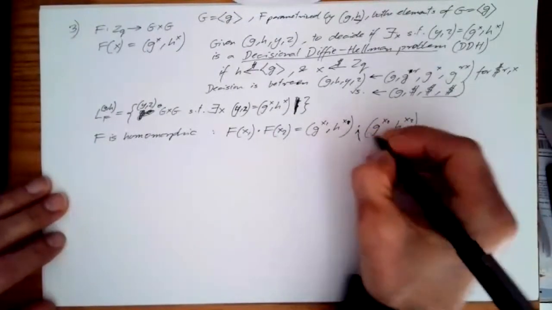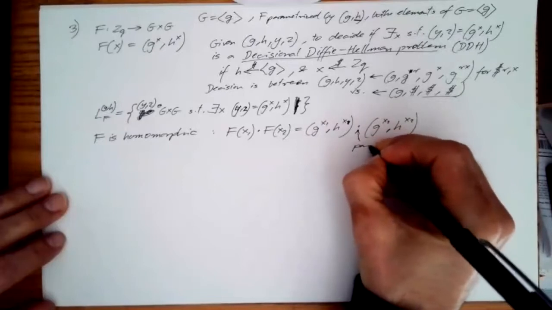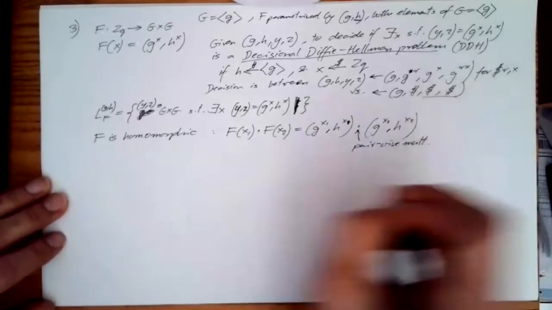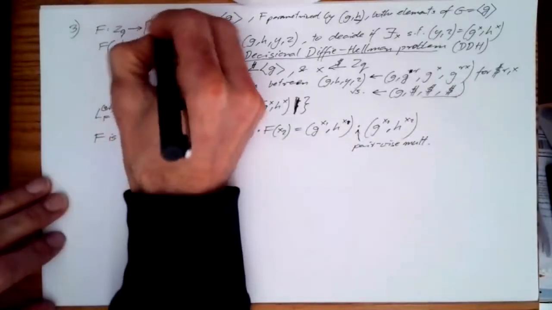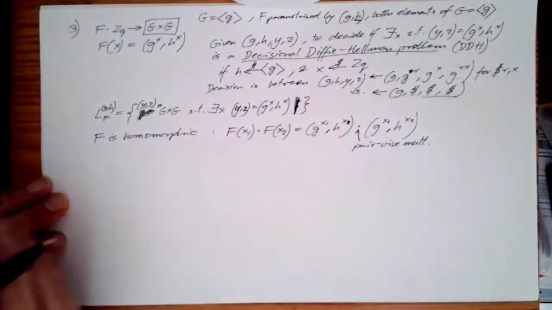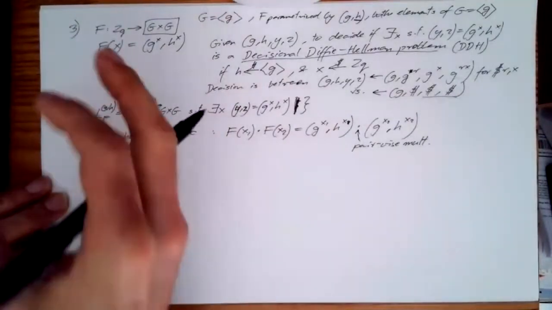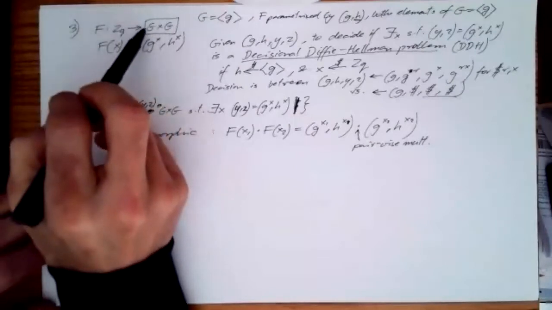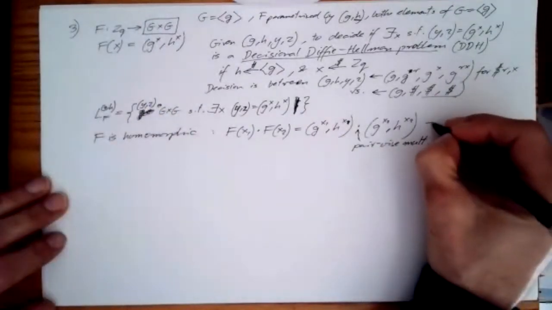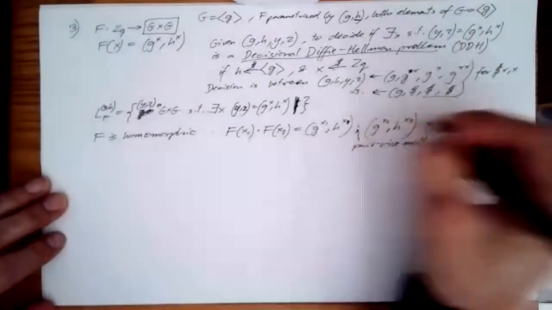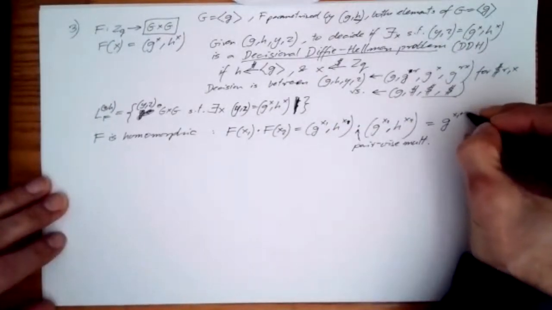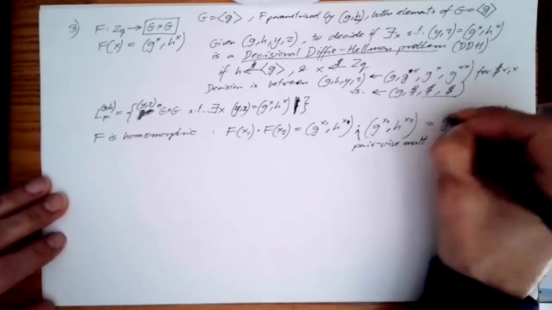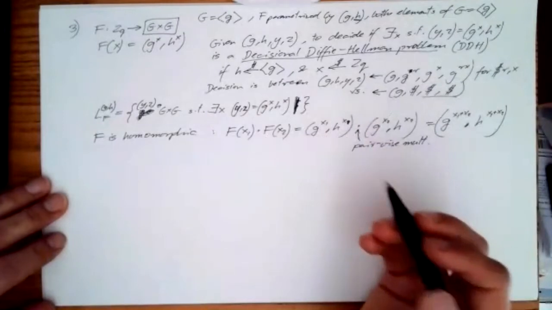And this is pairwise multiplication. So I can think of the cross product of these two groups as a group, where the group operation on pairs is just a pairwise group operation, right? So this is g to the x1 plus x2, comma h of x1 plus x2, which is f of x1 plus x2.